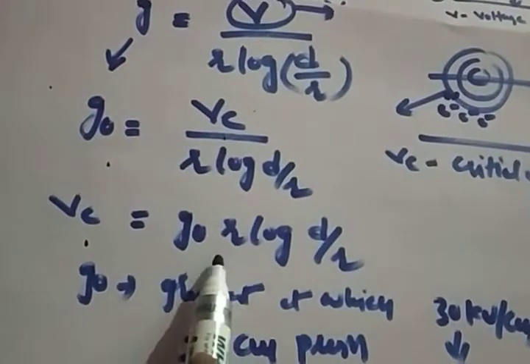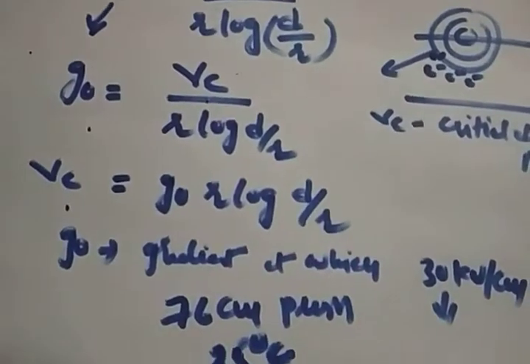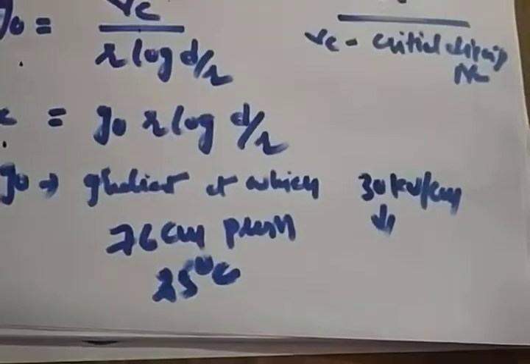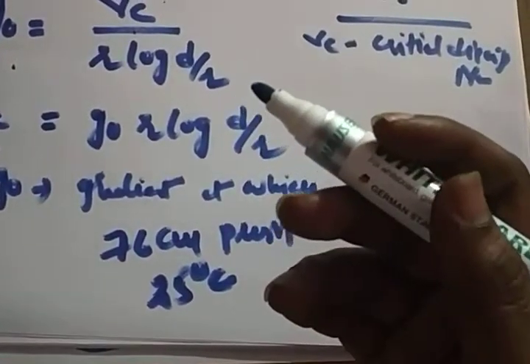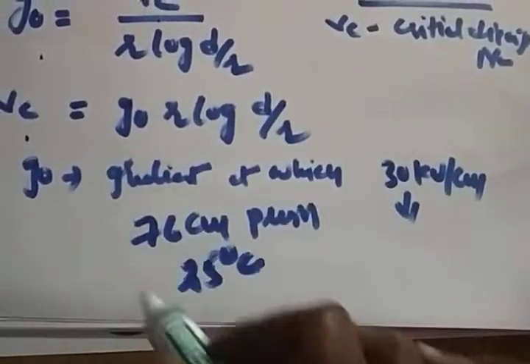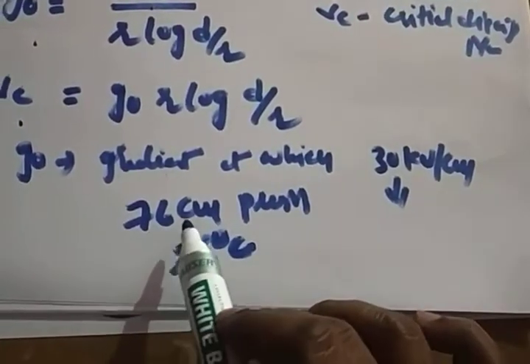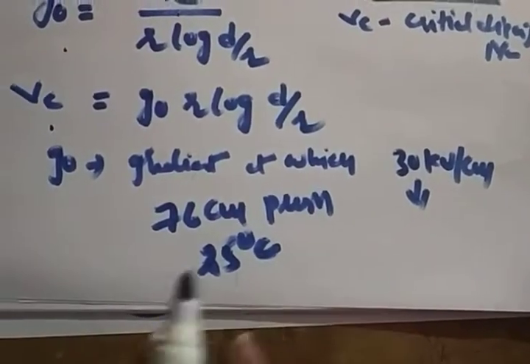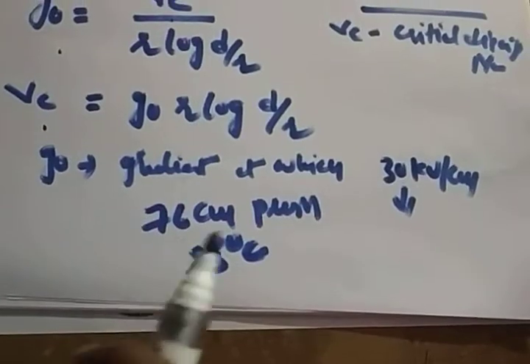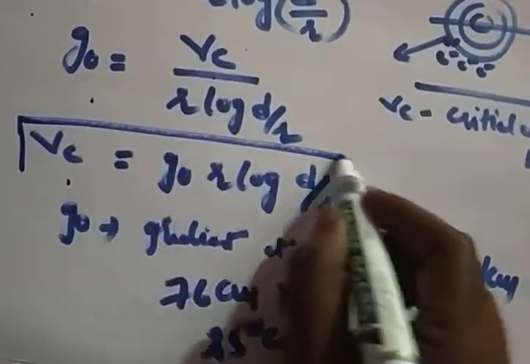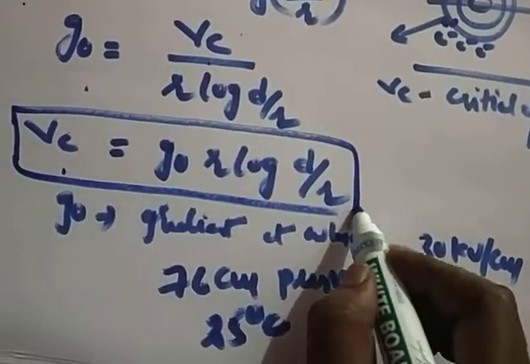So VC is equal to g naught r log d by r, where g naught is the gradient at which the dielectric breakdown occurs, that means it crosses 30 kV per cm. The atmospheric condition we take is 76 cm of pressure and 25 degrees centigrade of temperature. So this is the formula for VC, the critical disruptive voltage.